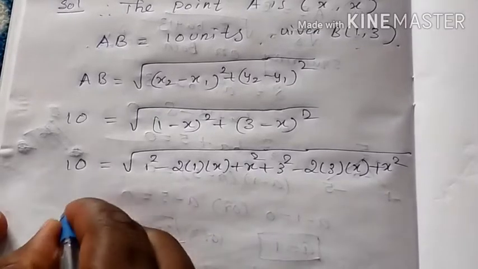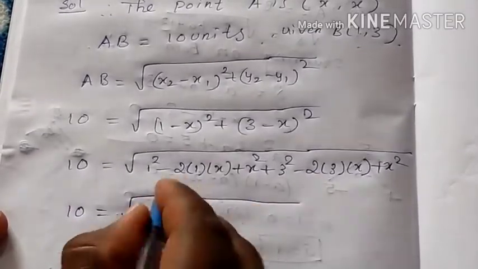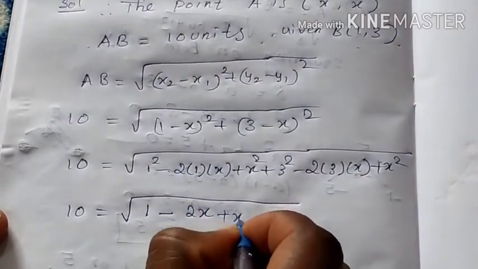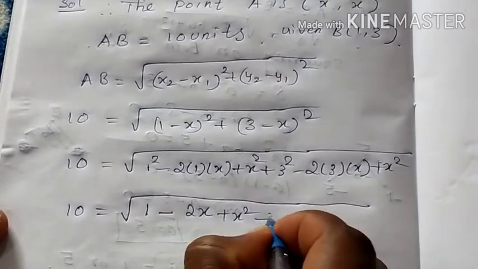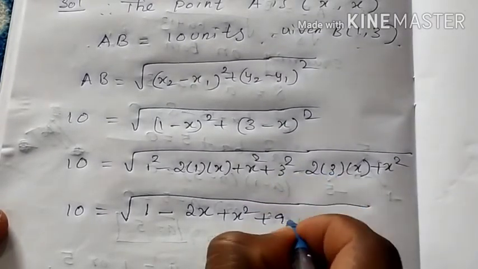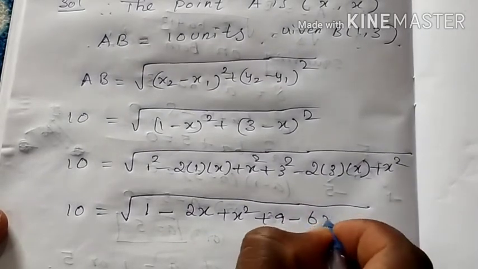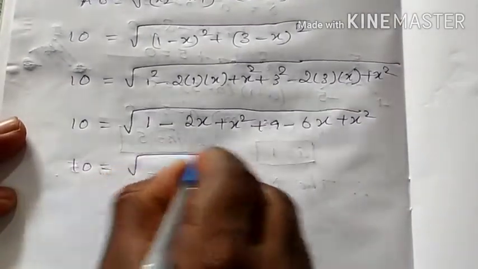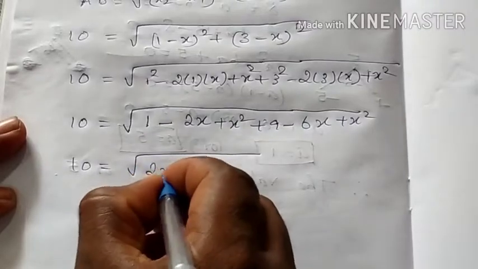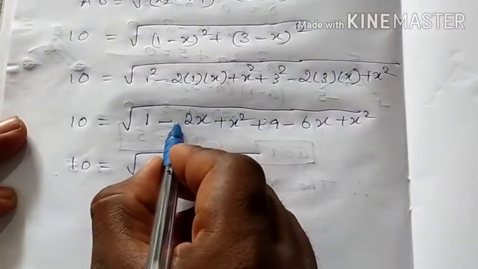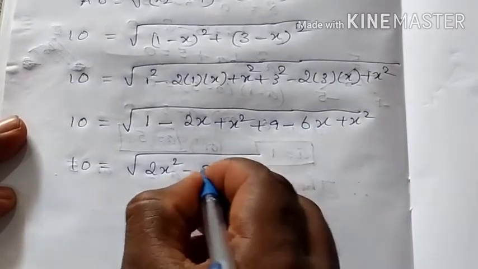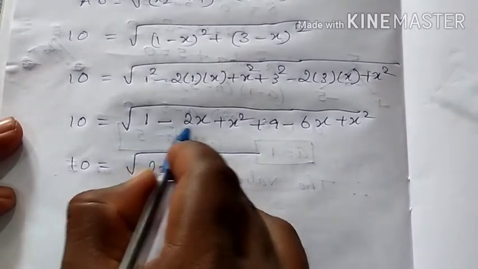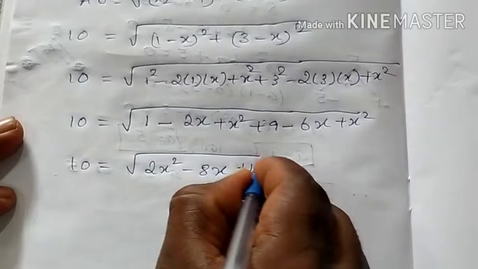Clear this step. 10 is equal to the square root of 1 squared is 1, minus 2x, plus x square, 3 squared is 9, minus 6x plus x square. So 10 is equal to the square root of x square plus x square, totally 2x square. Then comparing the x terms, minus 2x minus 6x, totally minus 8x. Then comparing the constants, plus 1 plus 9, totally plus 10.